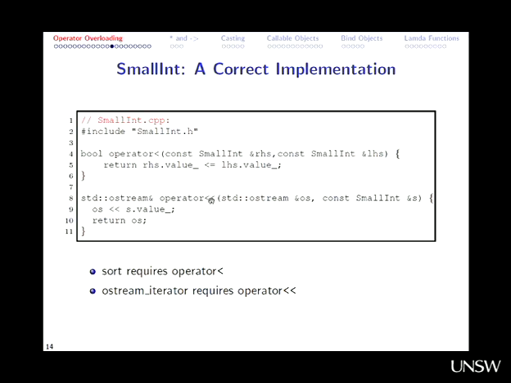For the output operator, okay, it does not mean less than. It means output redirection. Output redirection gets passed in the output file stream and redirects s.value into that output stream there, okay? And so sort requires the less than operator to be defined. It's really easy to write.